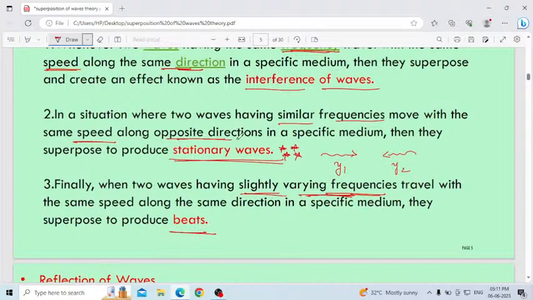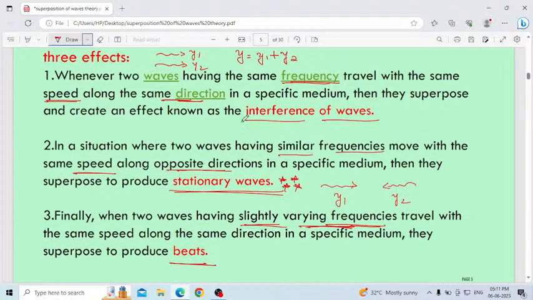There is only a slight difference between interference of waves and beats. In the case of interference of waves, the frequency of the two waves is exactly the same. But in the case of beats, there is a slight difference.